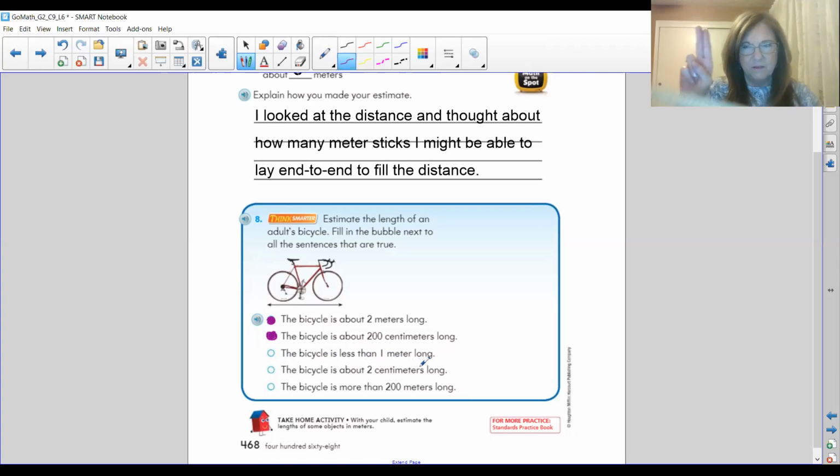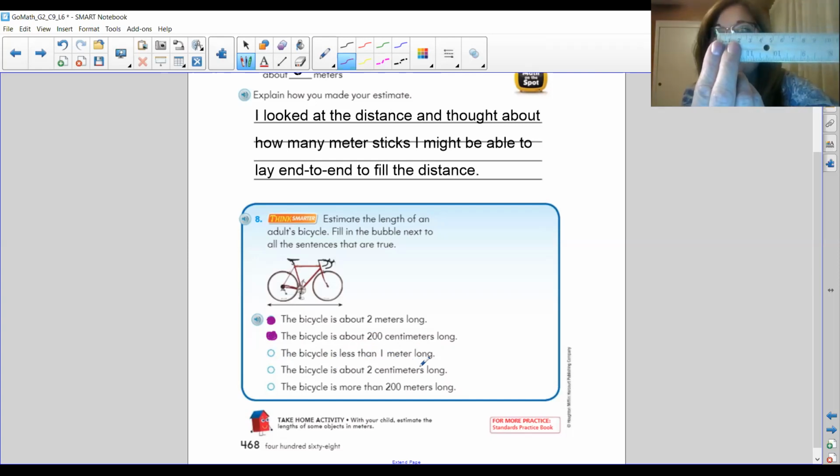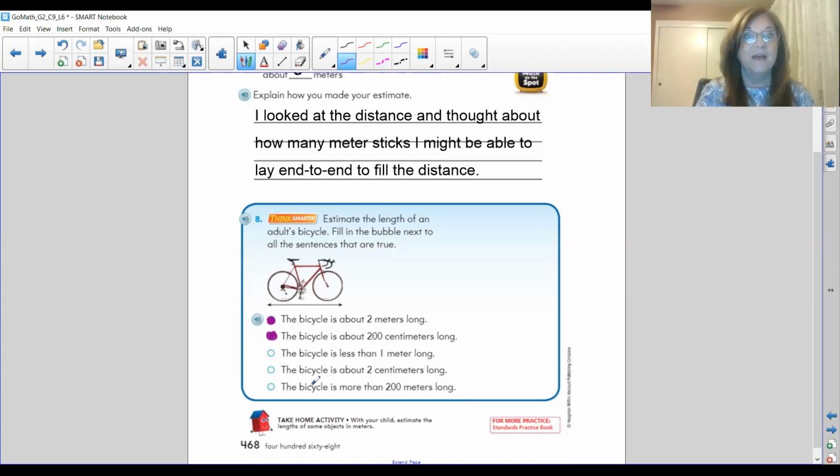So would the bicycle only be 2 of these, let me hold up my ruler, 2 centimeters long? That would be a teeny tiny bicycle. So no. The bicycle is more than 200 meters long.